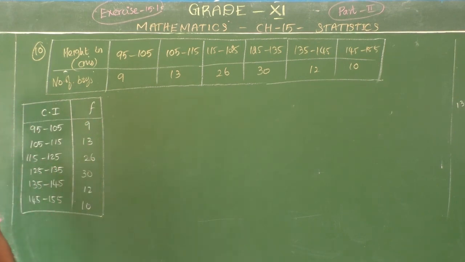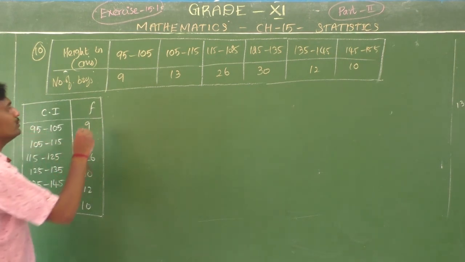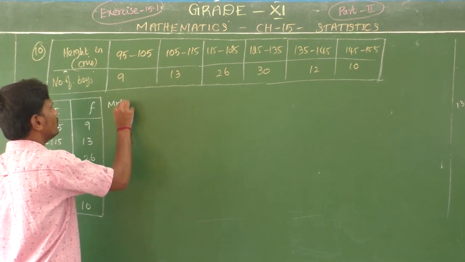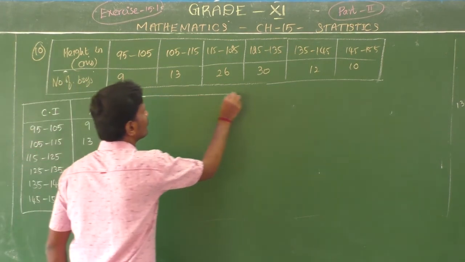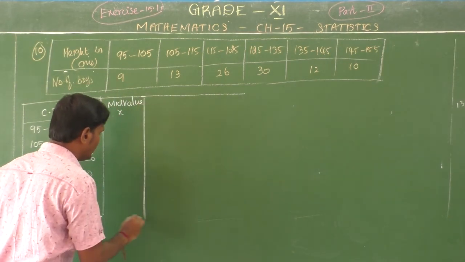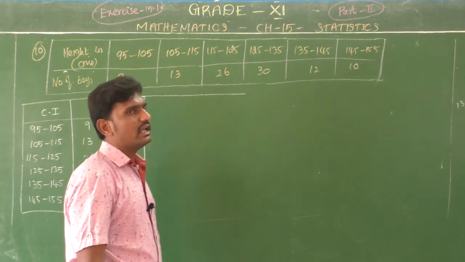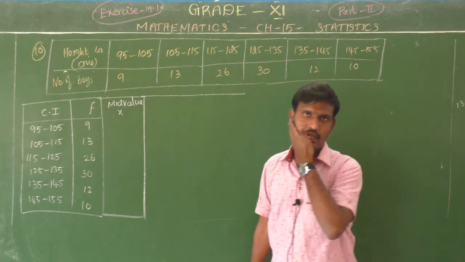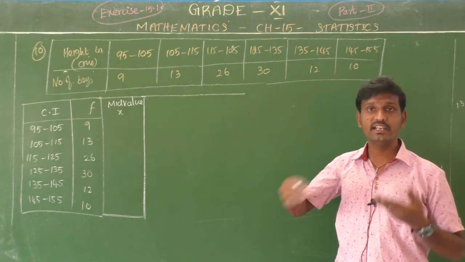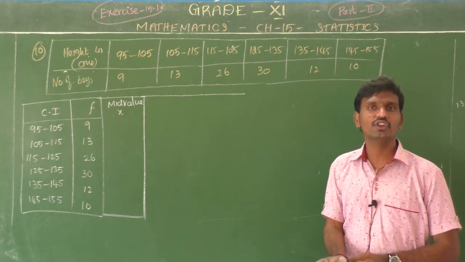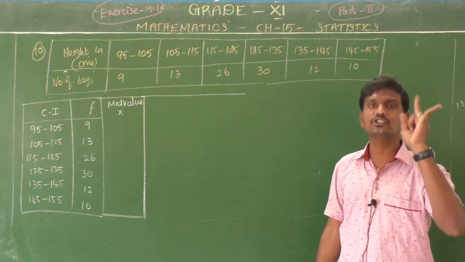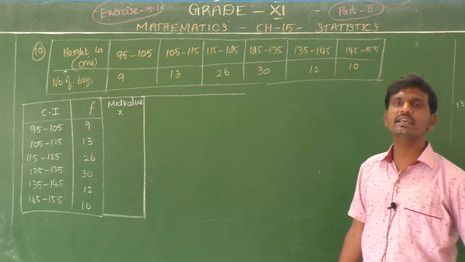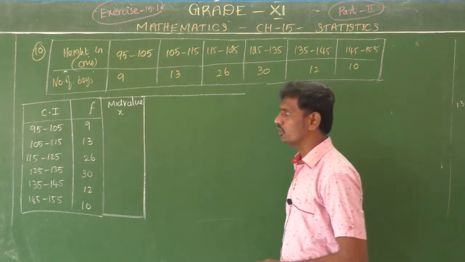And next column, what I am going to do? You know, mid value x. Already you prepared it in your 10th syllabus itself, mid value x. And after, for this pattern of question, we should use three types of methods to find the mean. What are they? First type is direct method, second one is assumed mean method, and third one is step deviation method.